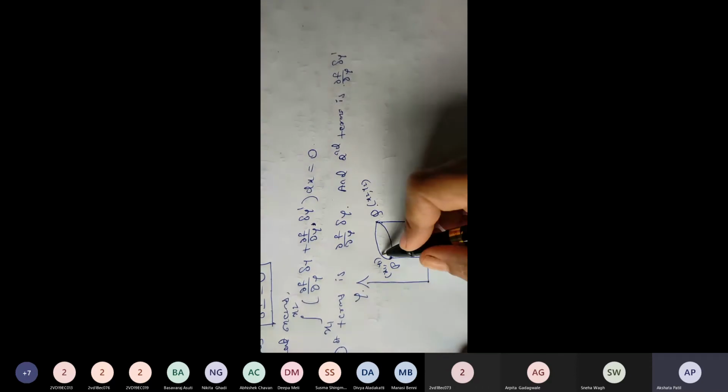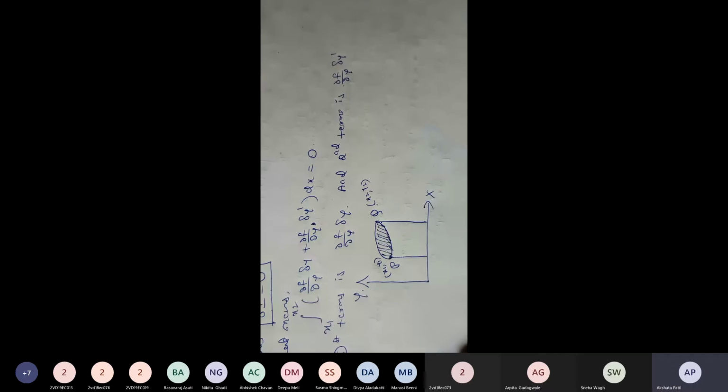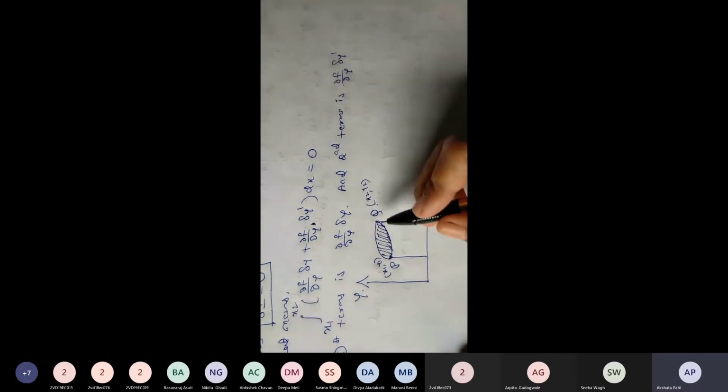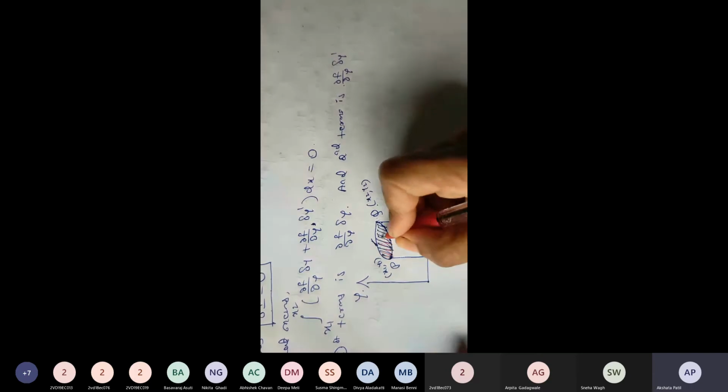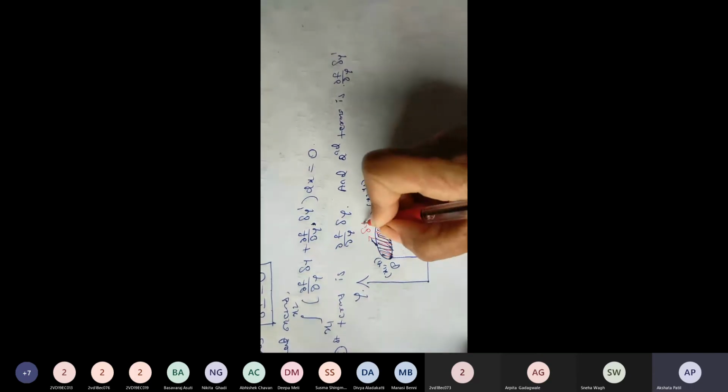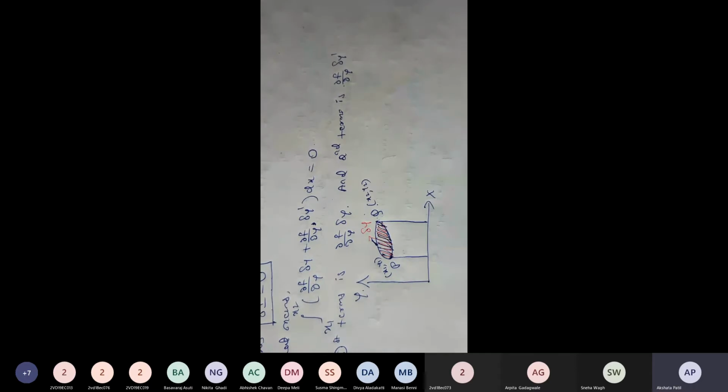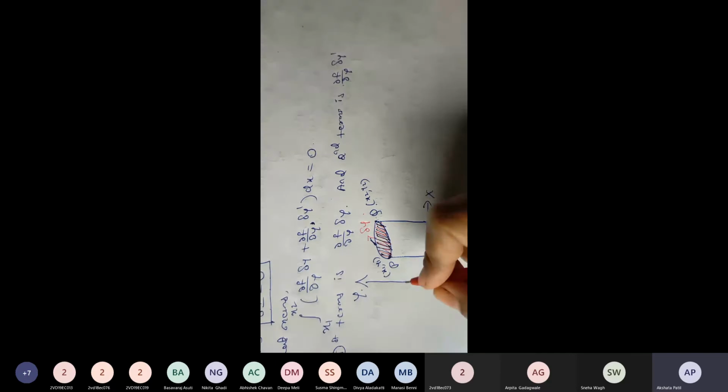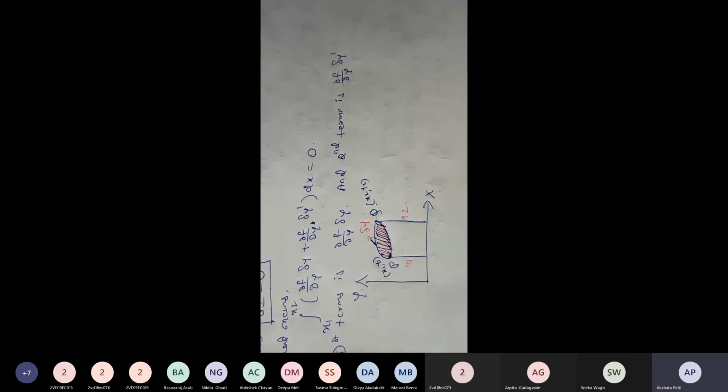Inside this curve there are two points P and Q, and the gap between these two points is delta y, the variation in y, because this is the y axis, considered as y1 and y2.